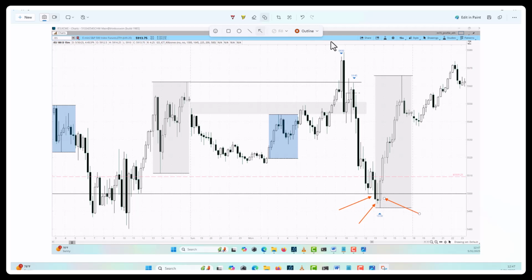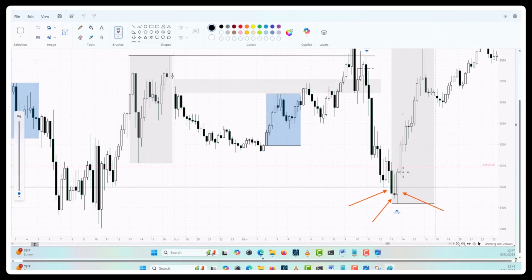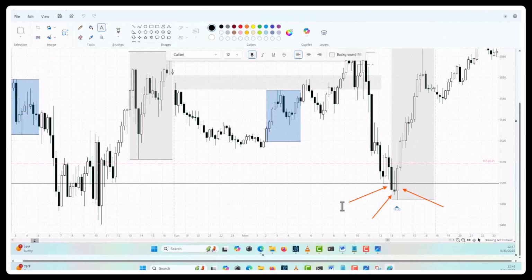After this down move, this is so perfect. It hit every requirement, every checklist we have in order to take the trade. You could not ask for a better setup than this. Let's do the write up right here.